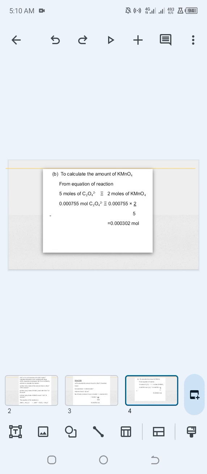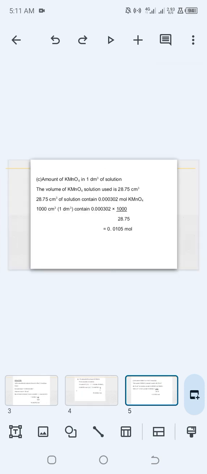Now, the amount that we've gotten from question A, which is 0.000755 moles of C2O4²⁻, is equivalent to 0.000755 multiplied by 2 divided by 5. You just cross multiply. When you cross multiply, you get the amount of your KMnO4, which is 0.000302 moles. Please always remember your 3 significant figures.